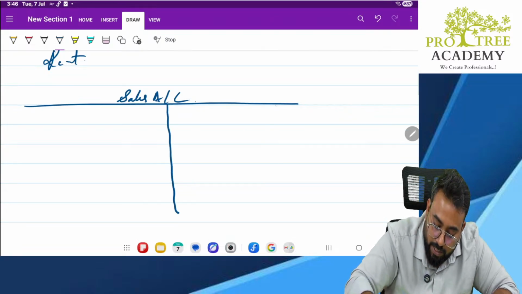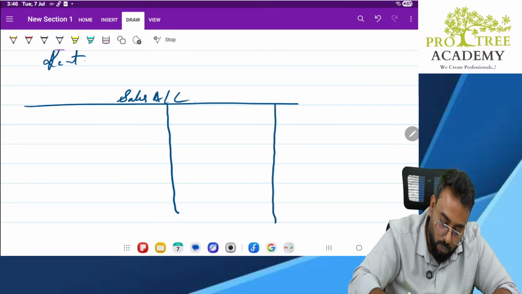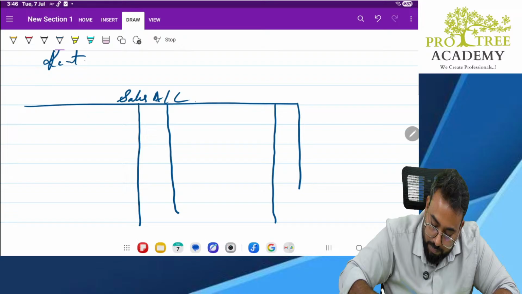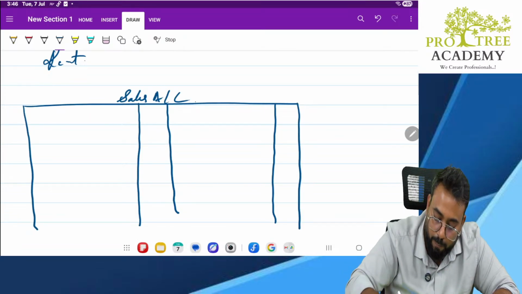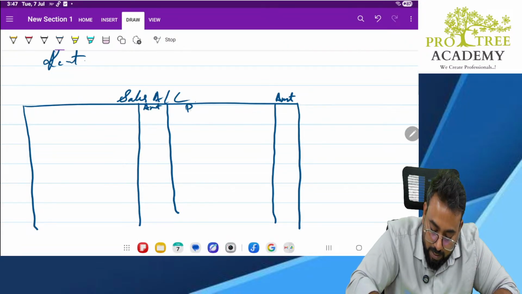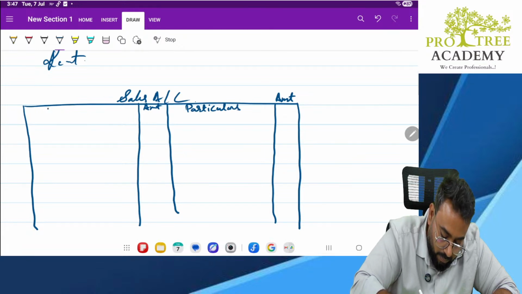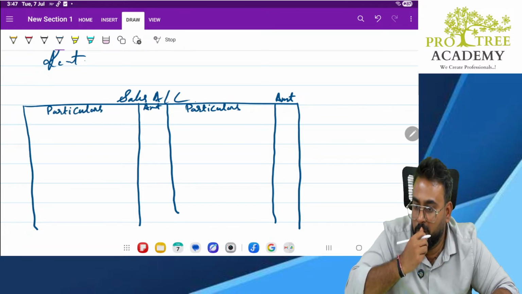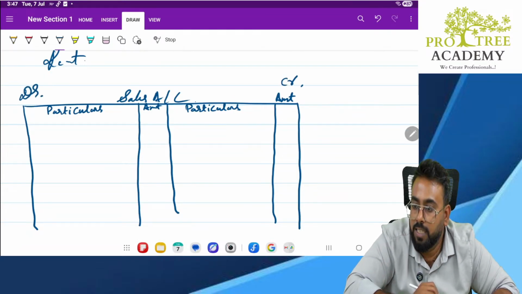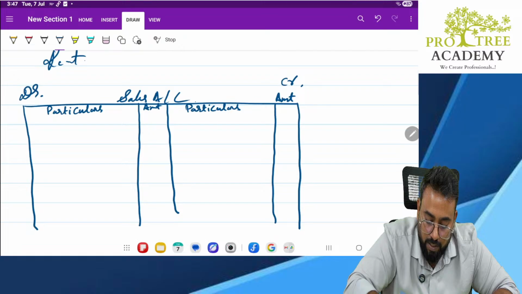In the T shape, there is one column here, one column here. Here we write amount. Here we write particulars. Clear? This side we call debit. This side we call credit. Clear?